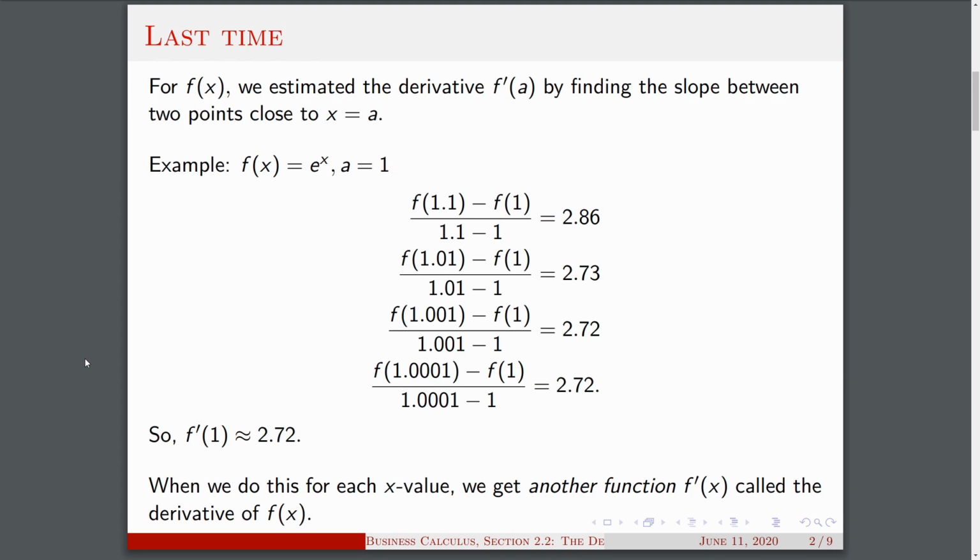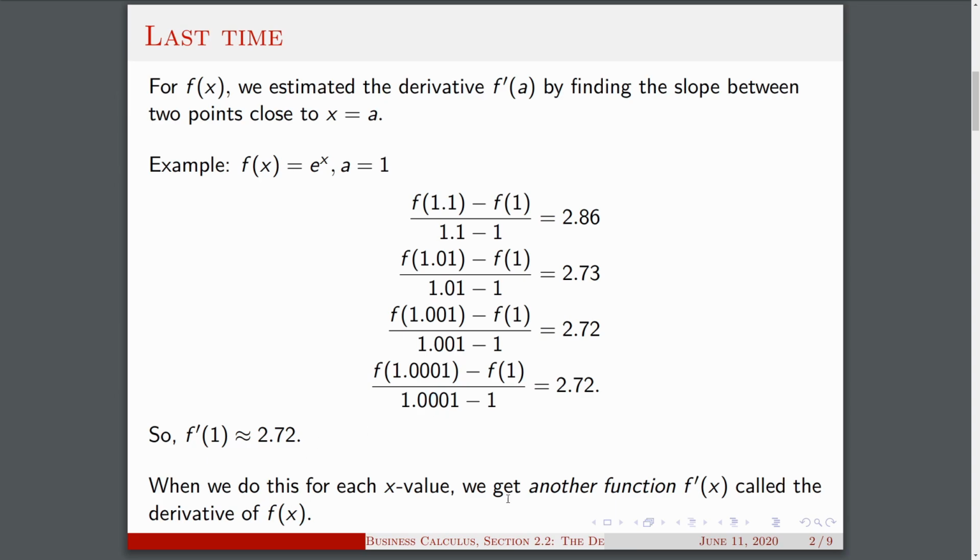Let's get started. So last time, what did we do? We introduced the idea of the derivative, which is the slope at a particular point, not between 2 points, but actually at a point. We have a way of calculating it: given a point, we find the average rate of change between 2 points, and we make the 2 points get very, very close to the point that we're actually interested in.